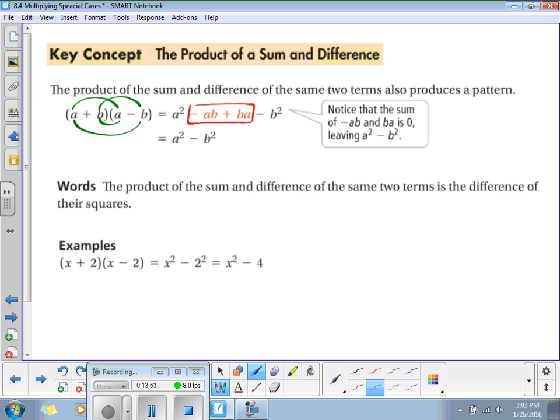So if I have the sum in the binomial times the difference, the formula is A squared minus B squared. So if we have the example down here, x plus 2 times x minus 2, this is going to give me x squared minus 2 squared, 4.